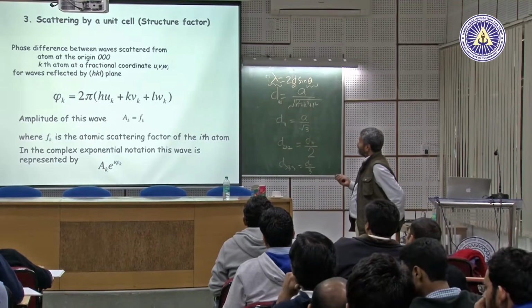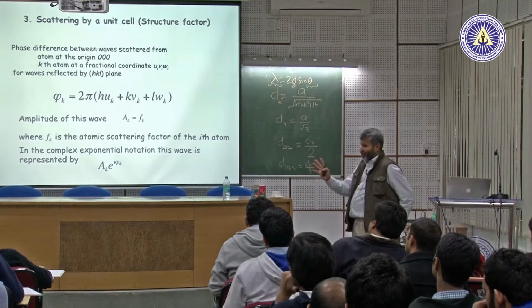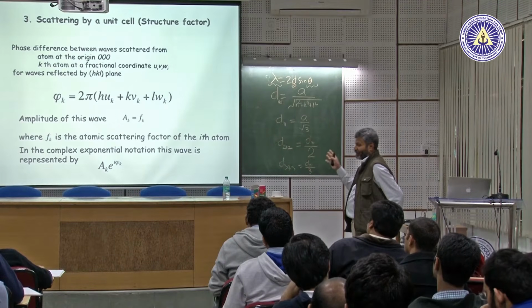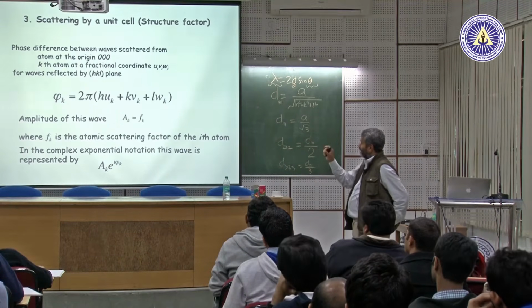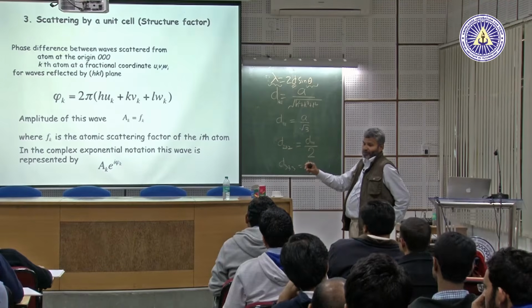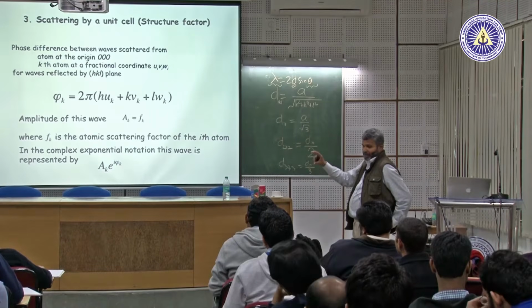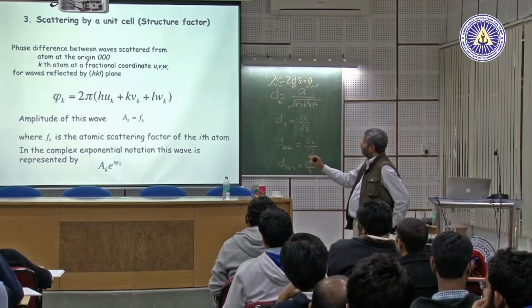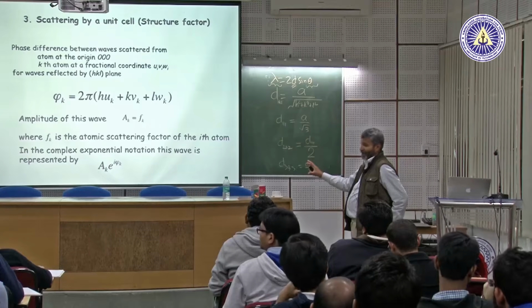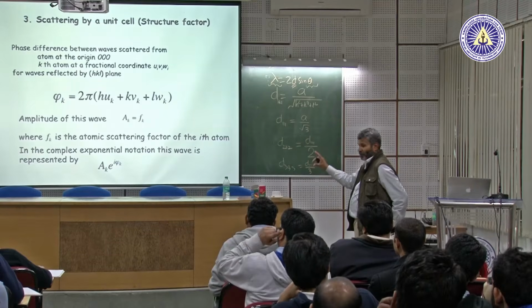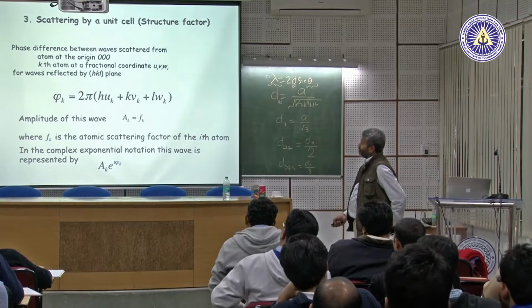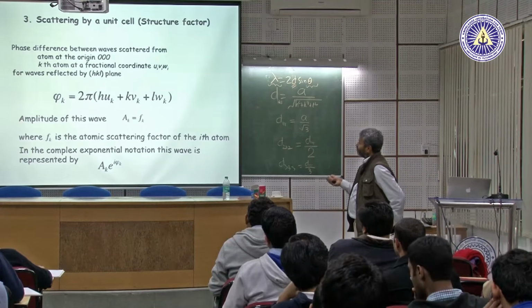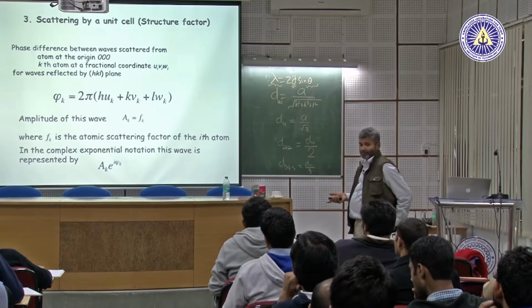Look at the systematic progress we are making. We first looked at scattering by an electron, which was Thomson's equation, then scattering by an atom, which was the atomic scattering factor. Now we are adding all atoms inside a unit cell.